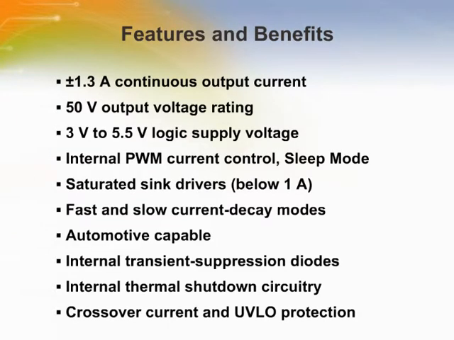The A3953 is designed for bidirectional pulse width modulated current control of inductive loads. It is capable of continuous output currents to 1.3 amps and operating voltages to 50 volts. Internal fixed-off time pulse width modulated current control circuitry can be used to regulate the maximum load current to a desired value.